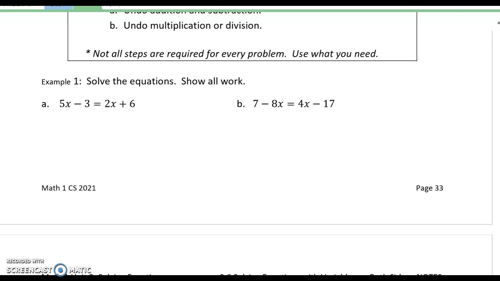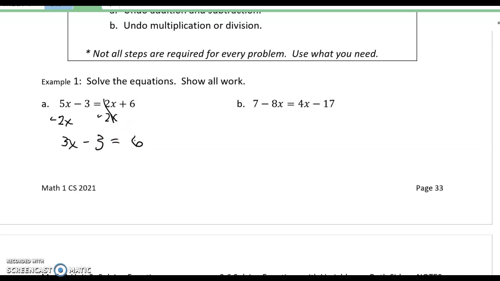That means that this 2x right here needs to be moved to the opposite side where the 5x is. To move it, we're going to subtract 2x from both sides, again doing the opposite. Showing all the work here, now I have 3x minus 3 equals 6.